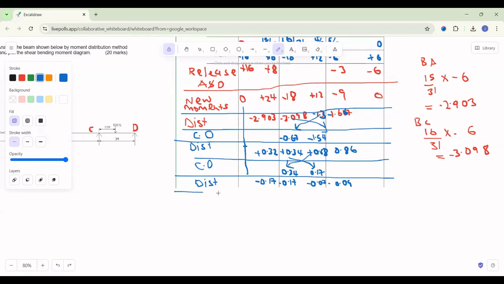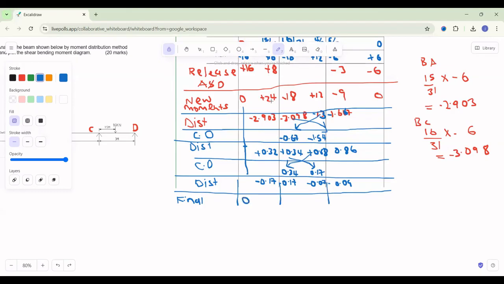So if you start getting that, we can now do the final moment here. I've done it to two decimal places, but if you want more accurate answers, you can do it to four decimal places. This basically will be 0.